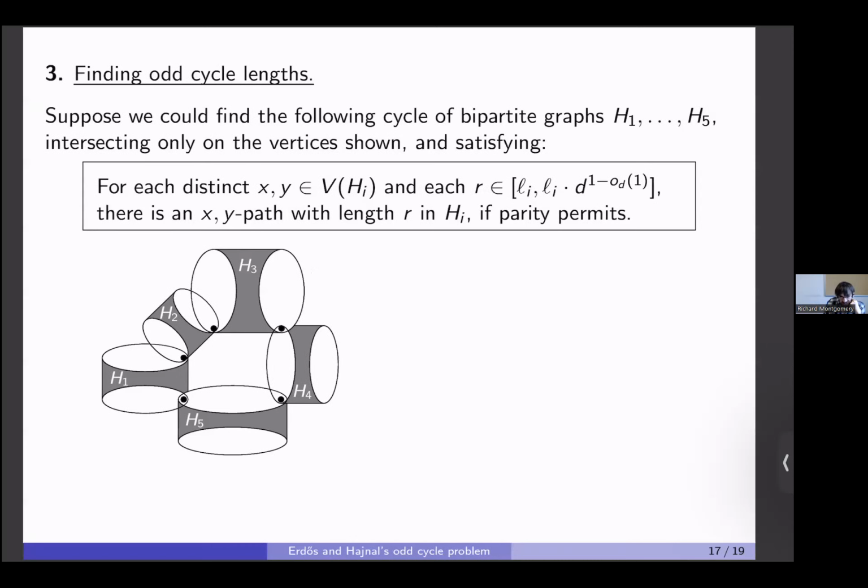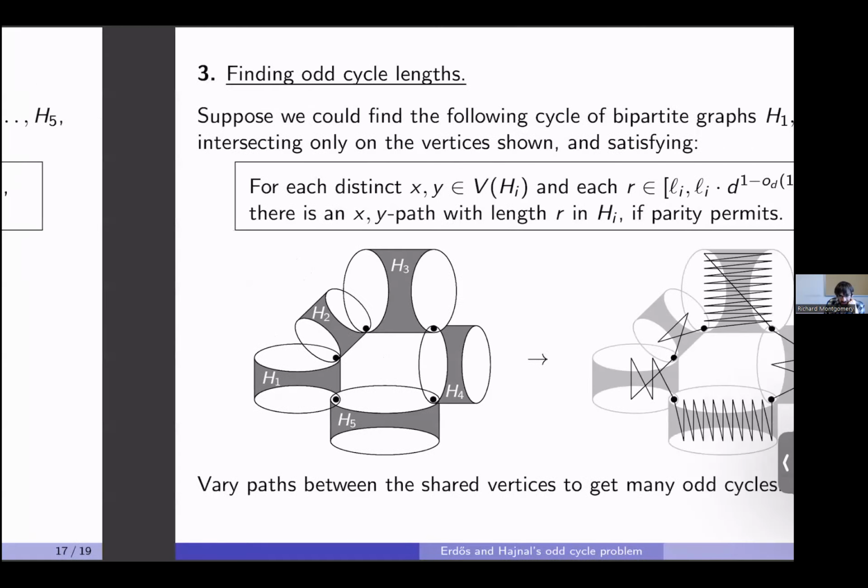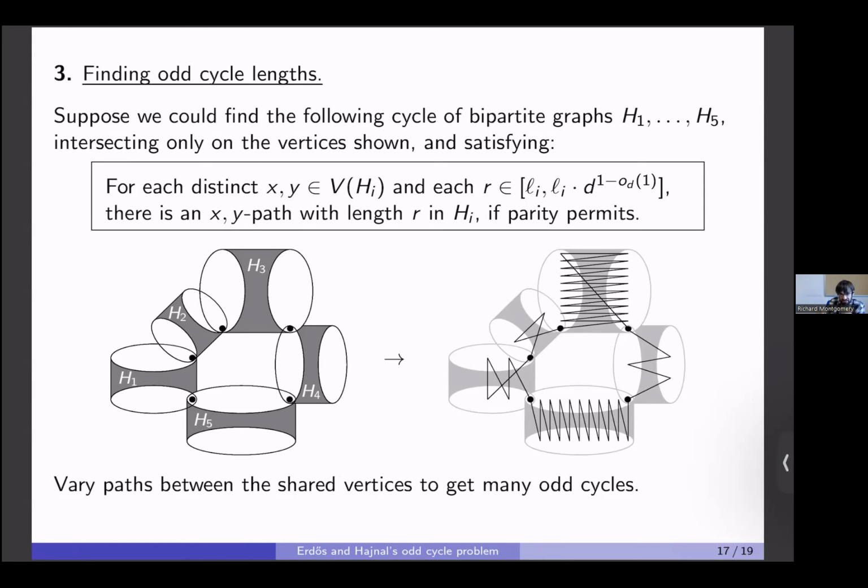So the natural thing to do is to apply this property to each subgraph H with these pairs of vertices now within this cycle. So if we could find a path just on a cycle just on these vertices, it would be a 5-cycle.